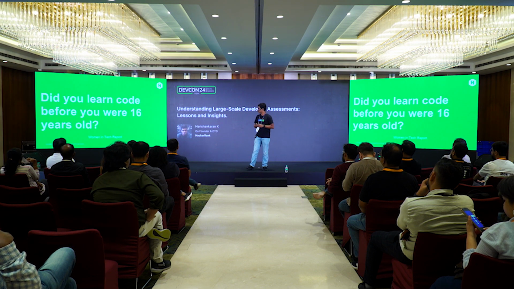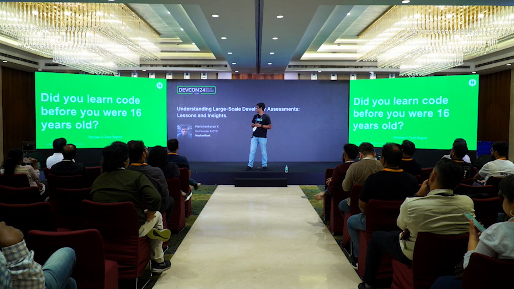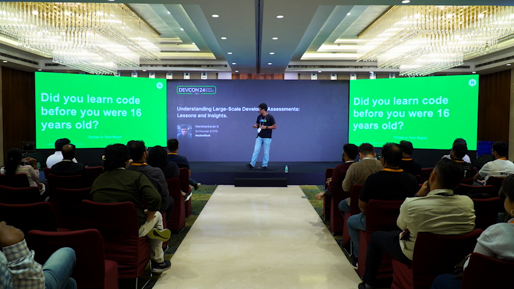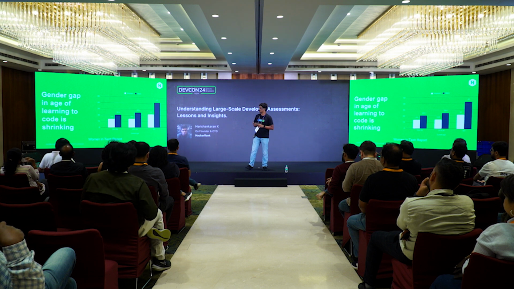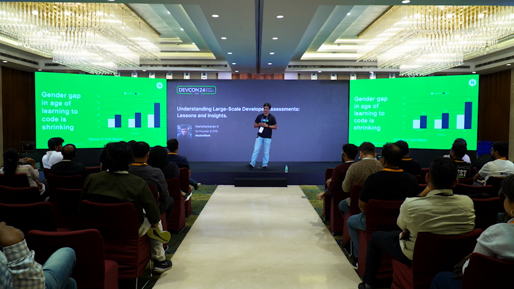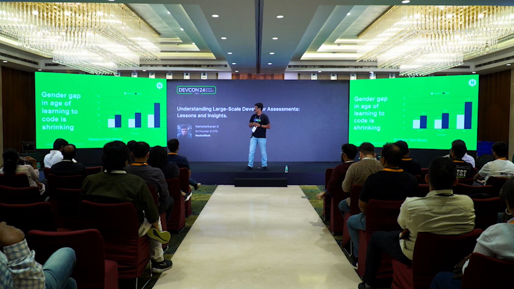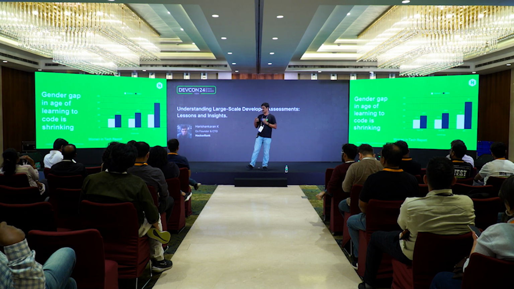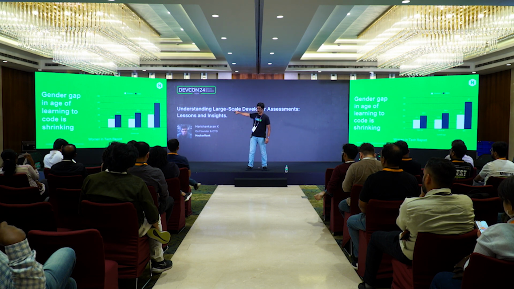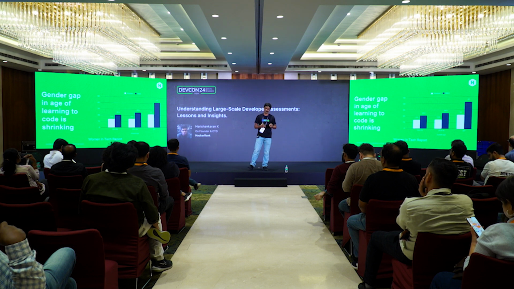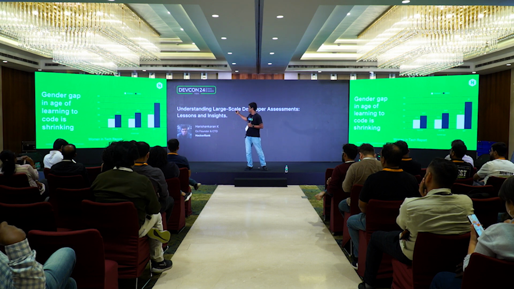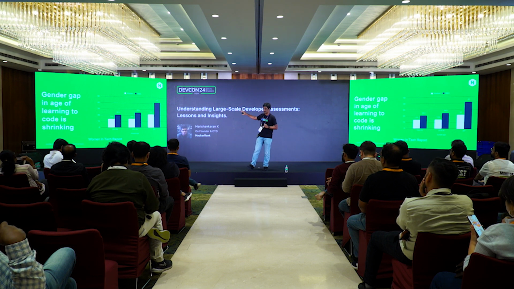Next one. Did you learn code before you were 16 years old? And this one comes from our Women in Tech report, where for folks at 35 plus when they learned coding, the delta between men and women was 20%.